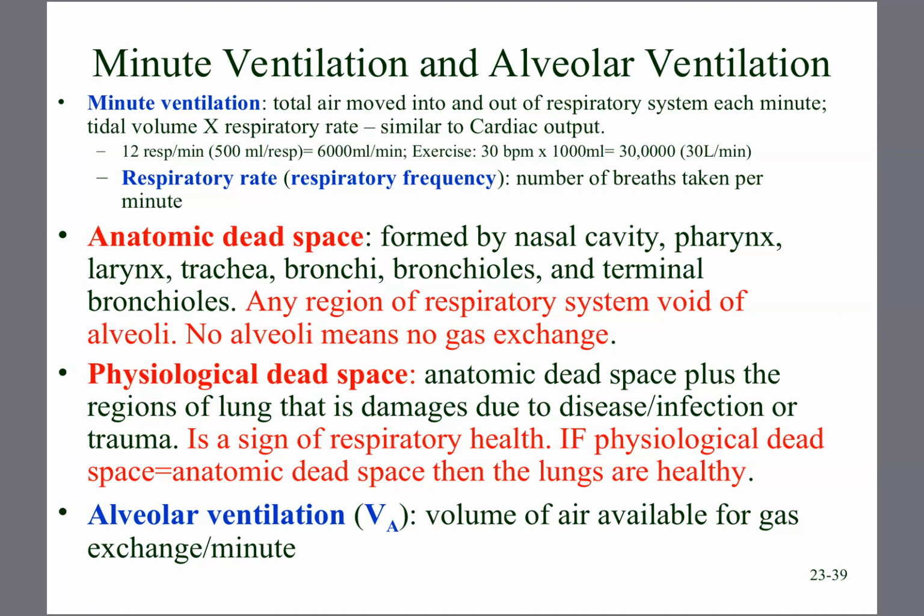So if you have somebody that's 5'10", 130 pounds, and you compare him with somebody that's 5'10" and 130, they should have very similar anatomic dead space. But if one is a smoker and they have emphysema, while the other one is a health nut, well, the smoker is going to have more physiological dead space.